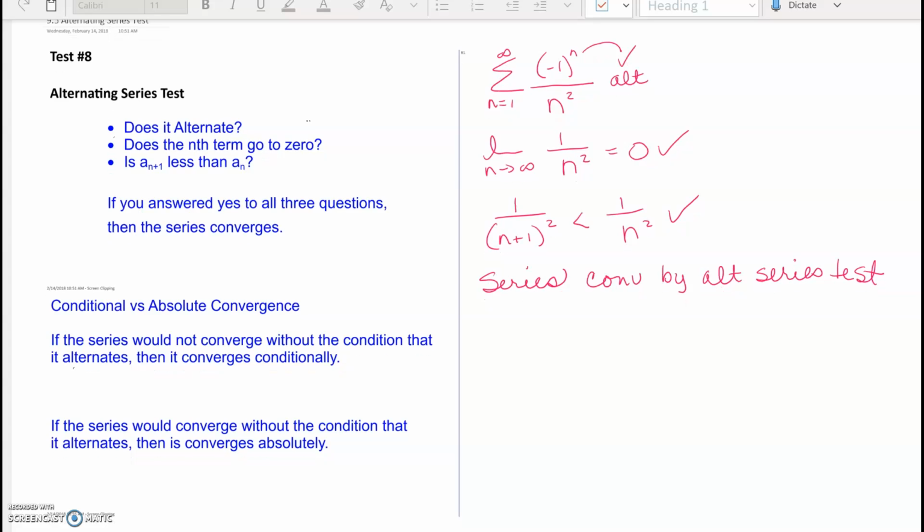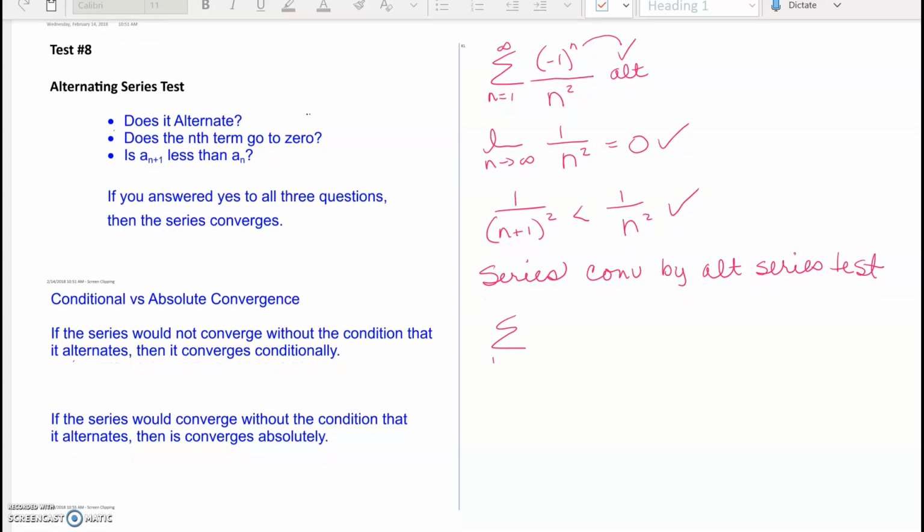So still, if you show me n equals 1 to infinity of negative 2/3 to the n, I am not going to go to all the trouble up above. I'm going to go, hey, that's geometric. It's an alternating geometric, but I'm just going to say that r equals negative 2/3, and the absolute value of r is less than 1, therefore converges by the geometric series test.